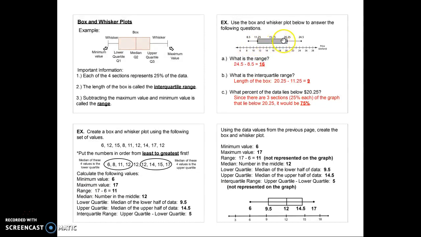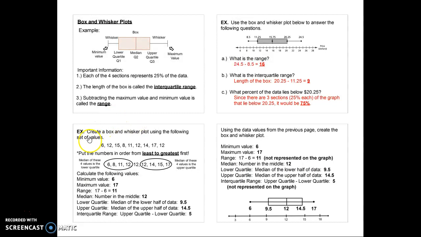Now remember, each of these sections has 25%. So I have 25% in this section, 25% here, and another 25% in this section. So I have 3 of those sections below $20.25, which gives us a total of 75%. So 75% of the data lies below that $20.25.